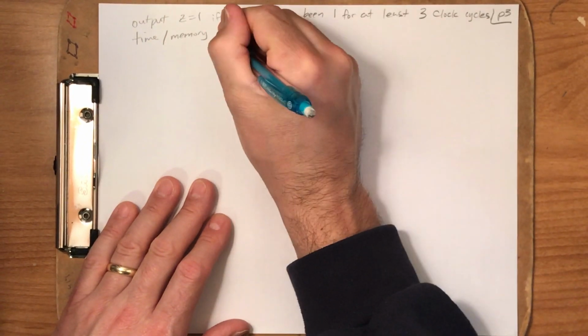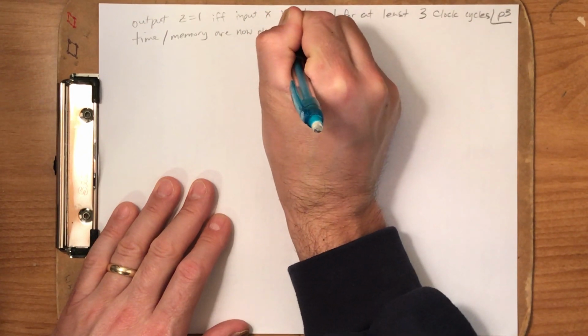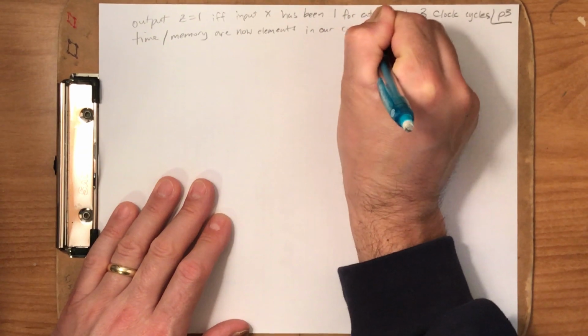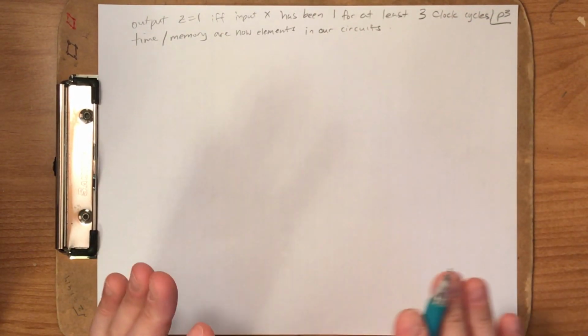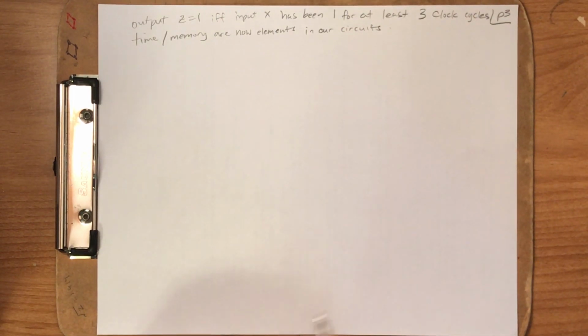So time and memory are now elements in our circuits. We're not going to build any actual circuits today. We're just wrapping our head around what's going on. We have to understand what's going on before we can actually build a circuit out of it.